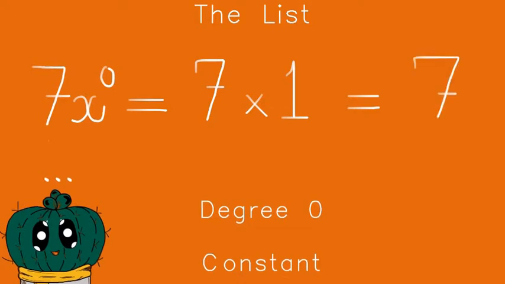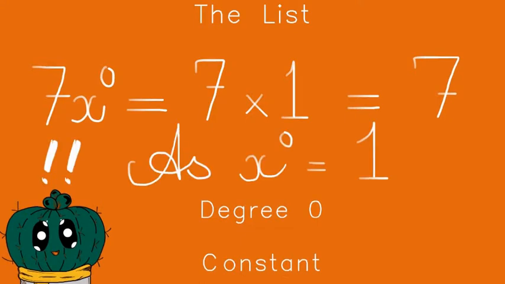Again, the reason for this is because any number raised to the power 0 is going to be equal to 1. In our case, that is x raised to the power 0, which is going to give us the answer 1. So this is the reason why we call constants degree 0 terms, okay?